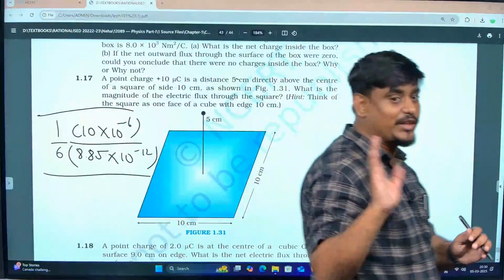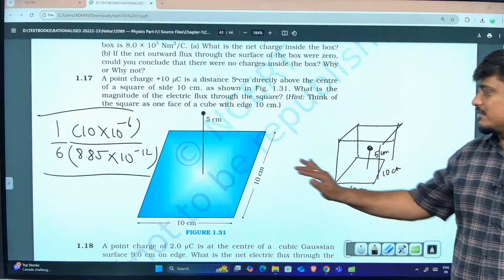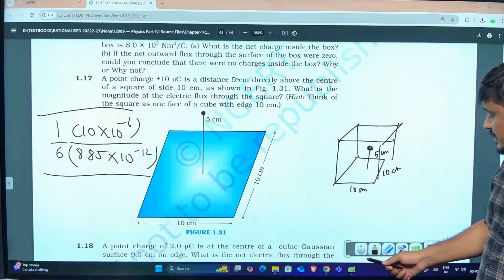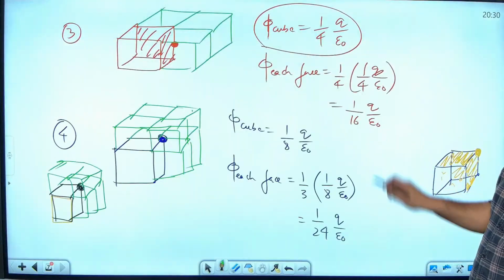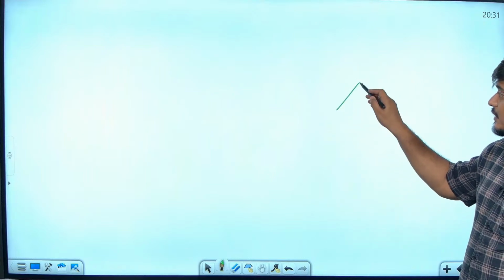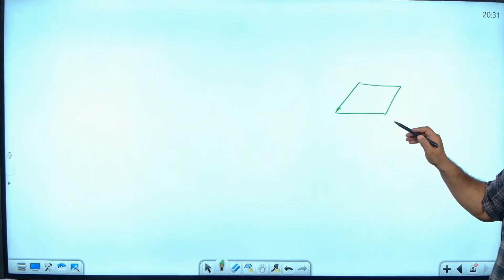Now, this question is okay, clear to us because they have given a simple scenario. They may ask you a question like, there is a square face and you have a charge present, pay attention, there is a square face, okay, visible to everybody, green color. Online people, visible, right? Yes, sir. So charge is present.